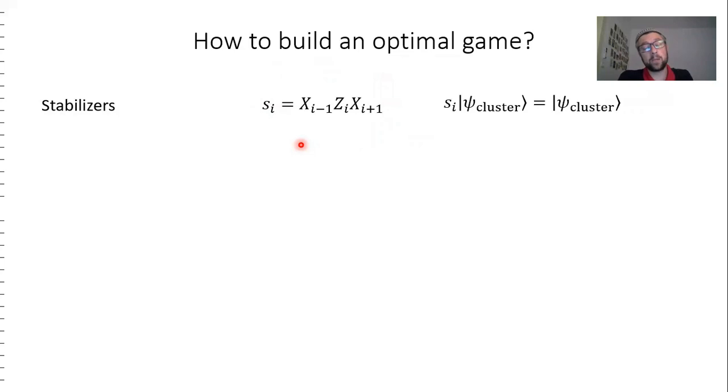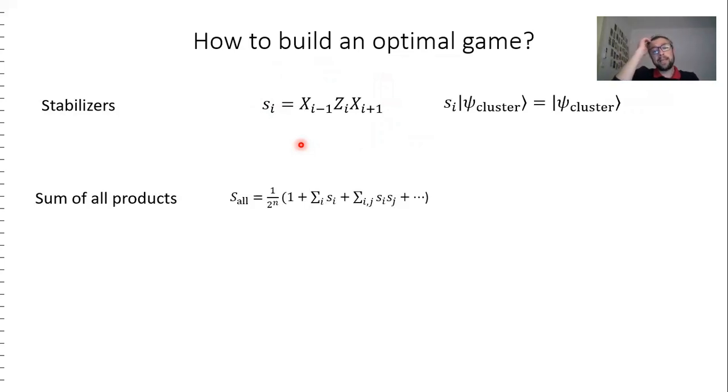In this case, for 6 qubits, there are 6 commuting stabilizers. One possibility is to measure the sum of the products of all the stabilizers. So one takes all the possible products of stabilizers, sums them up, and obtains an operator.